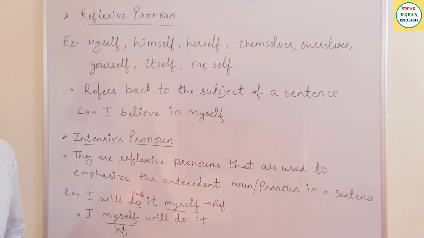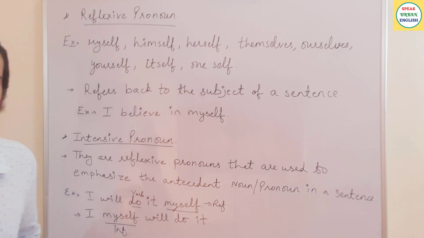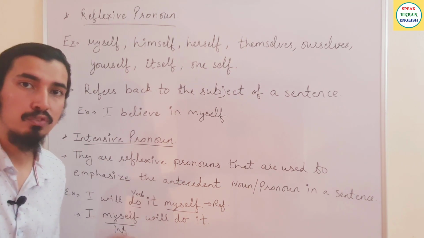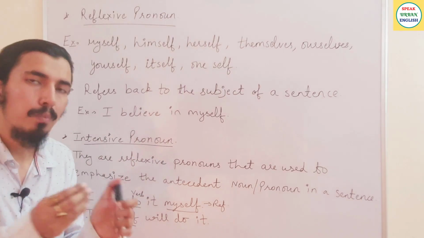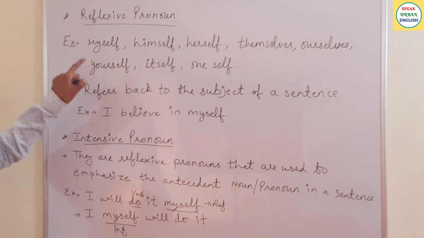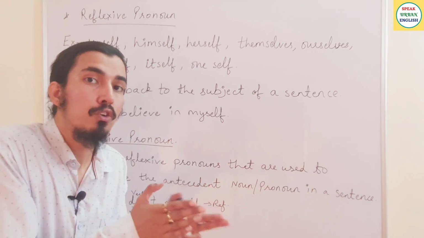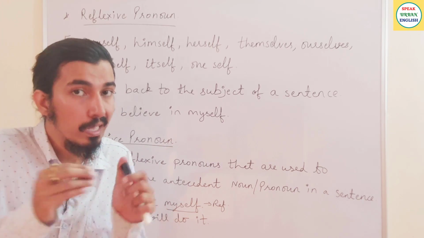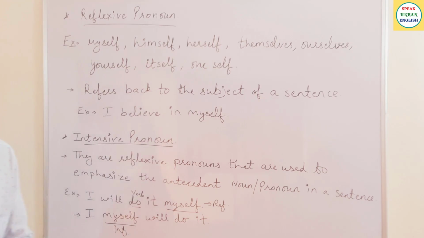I can say Adriana will go herself. Here the verb is go and herself is after the verb, so herself is a reflexive pronoun. But if I say Adriana herself will go, here I am focusing on Adriana, which is a noun, the antecedent noun.